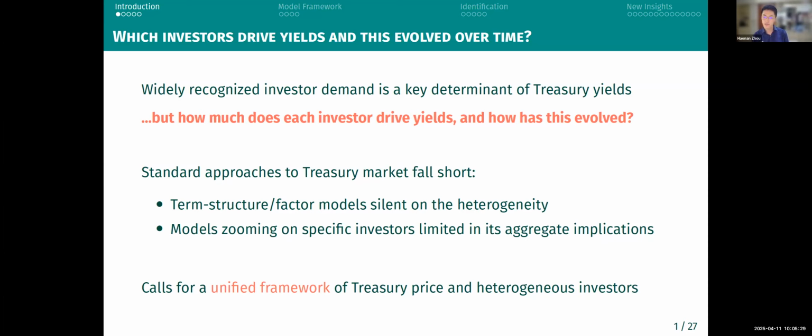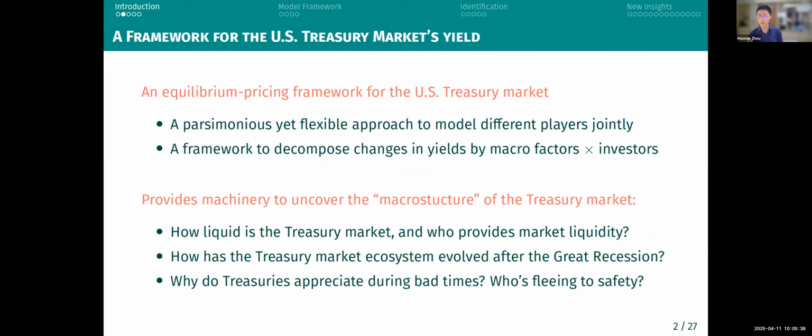So what we did in this paper is to provide an attempt at a unified framework of Treasury prices in connection with demand coming from heterogeneous investors. Essentially, this is what we do. We provide a framework that's based on equilibrium. You can think of this as a sort of partial equilibrium model for the US Treasury market. The gist of the model is that we start off with a relatively simple characterization.